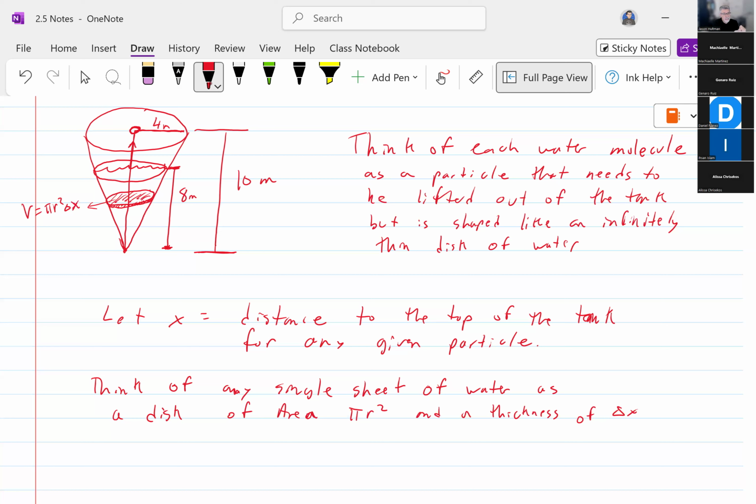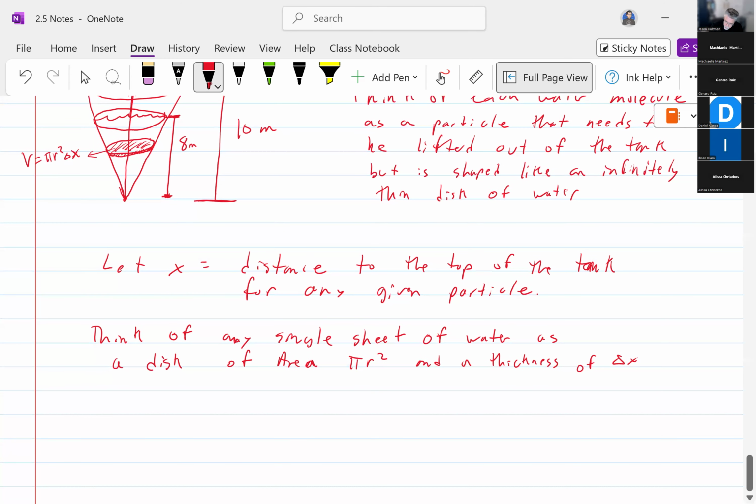So 2 at the start, 10 at the end, but everything in between. So the volume of those discs is going to be moving up, where the thickness of those discs is delta x.